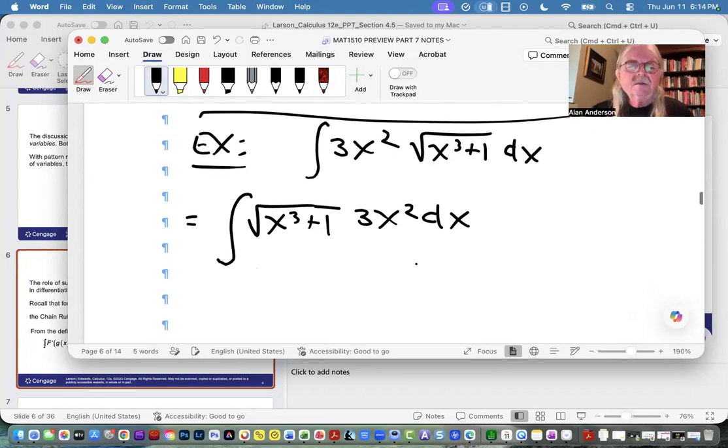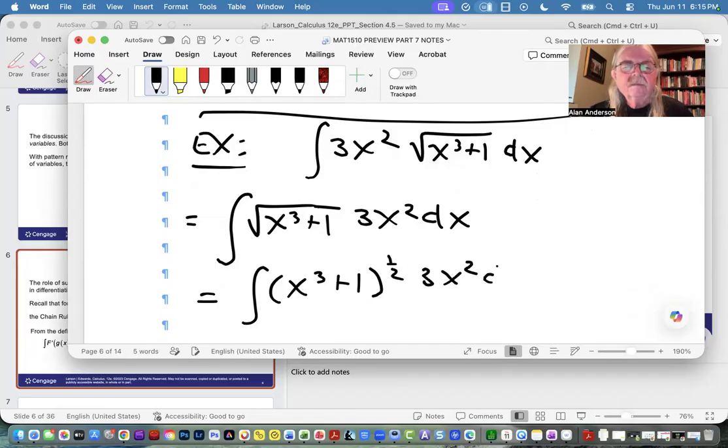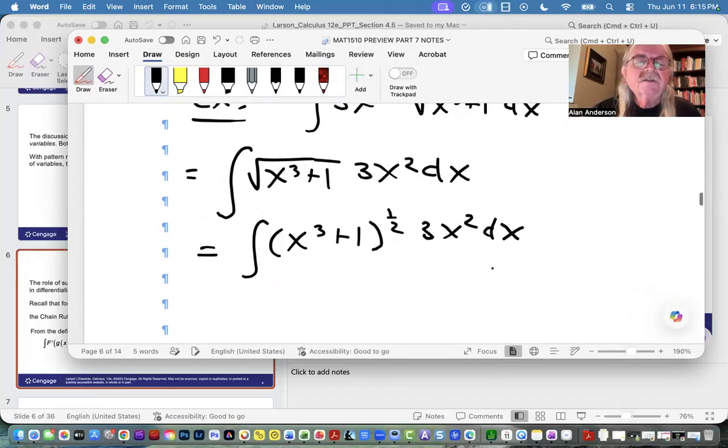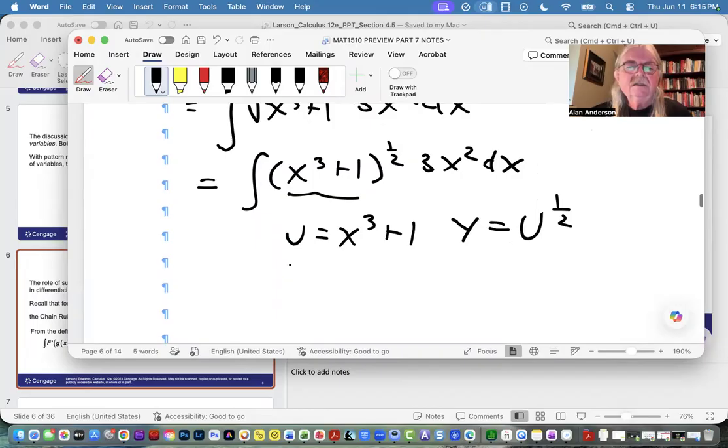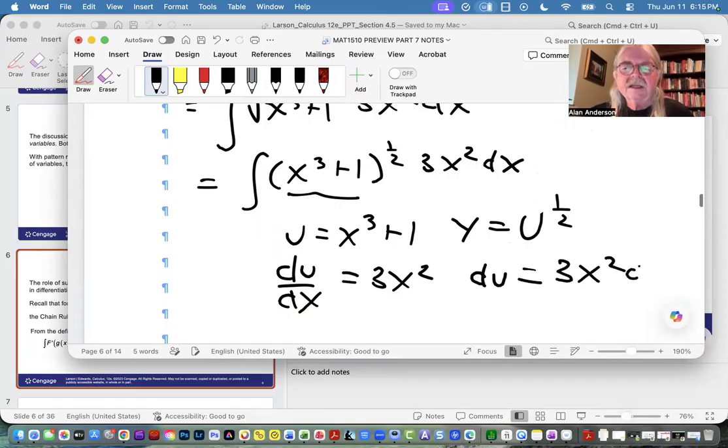And then I'm also going to do this. Okay, so let's have u be x cubed plus 1. Then y would be u to the 1/2 power. du dx is 3x squared. So therefore du is 3x squared dx.